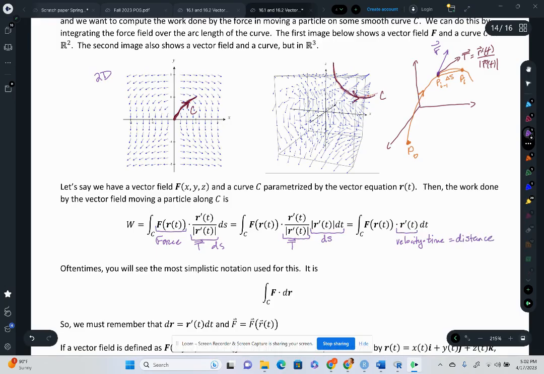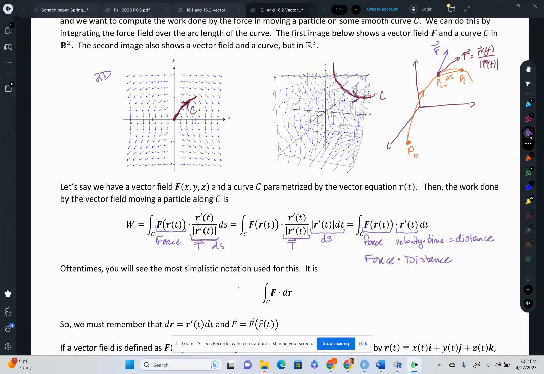So we really are looking at force times distance, except because we're dealing with vectors, it's really a force dotted with a distance, which we know from before in chapter 12, that's just work. Except we're calculating an infinite number of these little products, and then we're adding them up infinitely, and that's what gives us our integral.